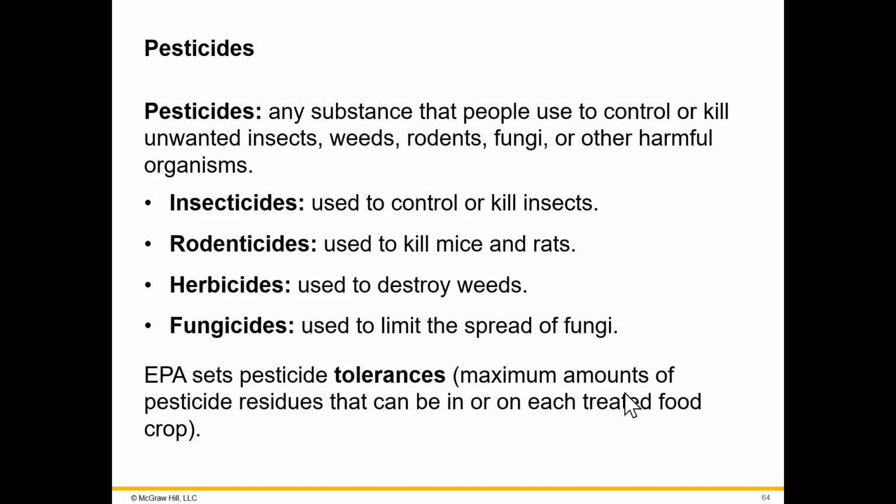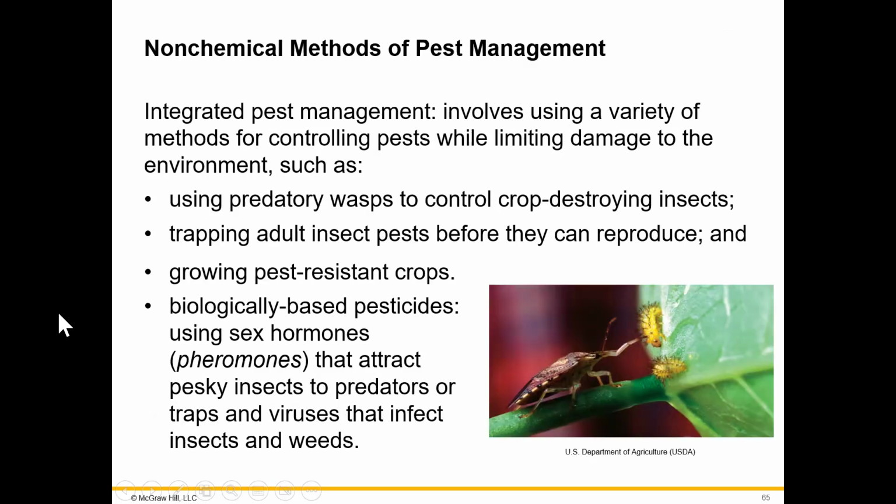So you see here the different types of pesticides used for their supposed benefit, to reduce rodents, herbs, fungi, insects, that kind of thing. And the EPA is the one that sets those standards. And there again, it's constantly changing.